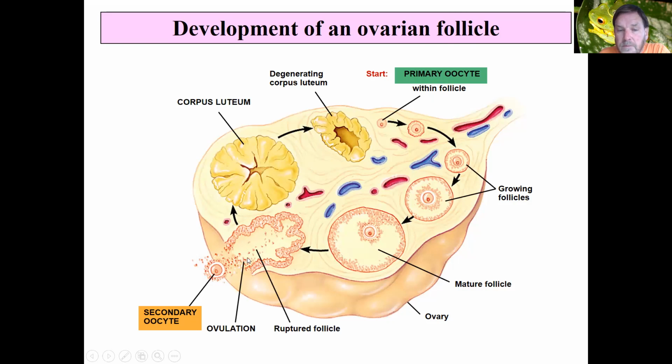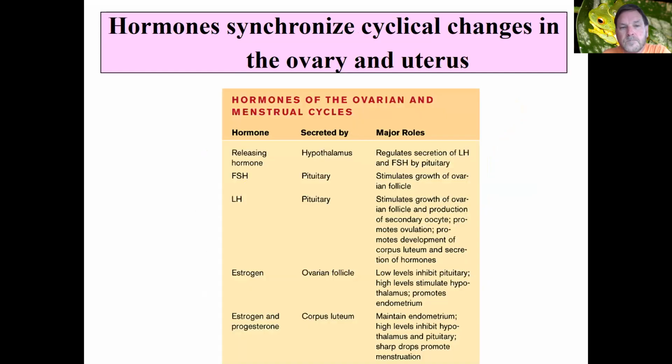Once this follicle is ruptured, it becomes what's called the corpus luteum. Corpus luteum refers to yellow, because it's yellow in color. So it's a yellow body. What this organ does is produce progesterone that maintains the uterine lining in case of pregnancy. If there's no fertilization, this degenerates.